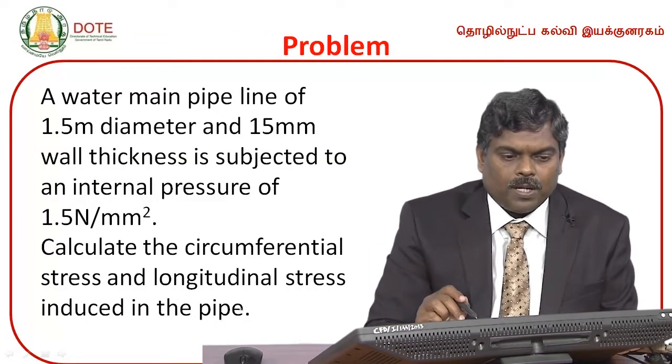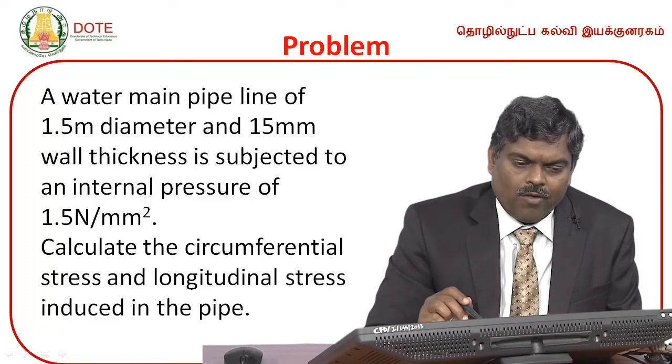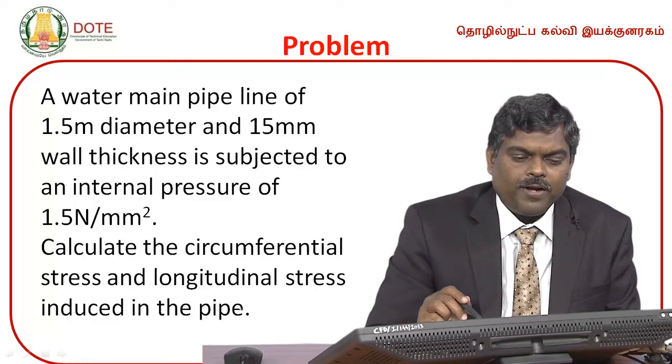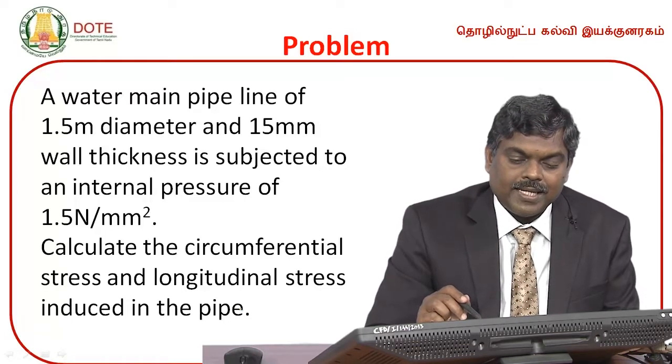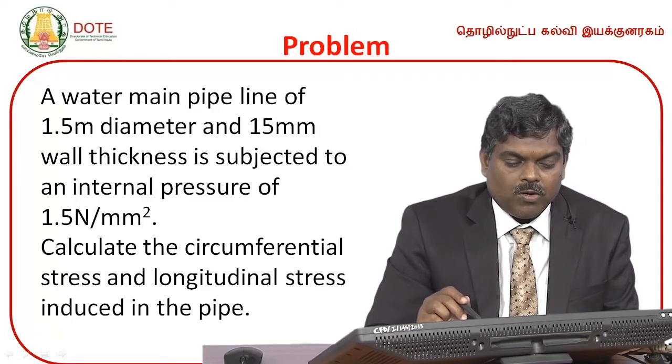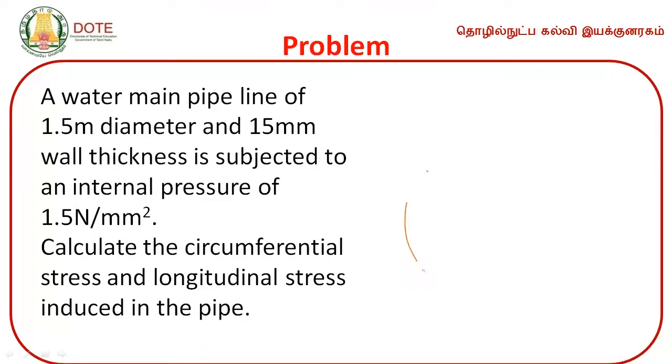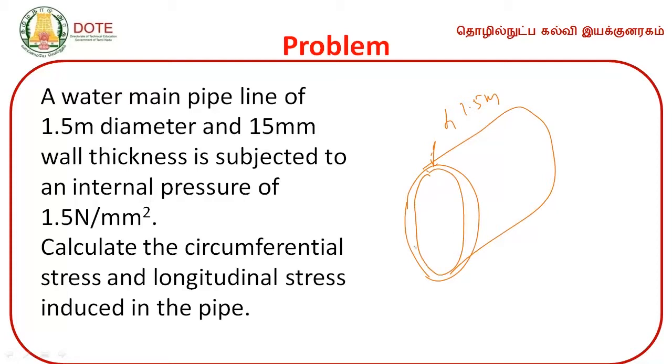We will look at a problem. A water main pipeline of 1.5 meter diameter and 15 mm wall thickness is subjected to an internal pressure of 1.5 Newton per mm square. So it is a main pipeline of a water supply system. The diameter D is 1.5 meter, and the wall thickness is 15 mm.